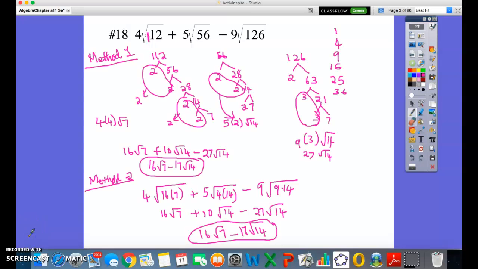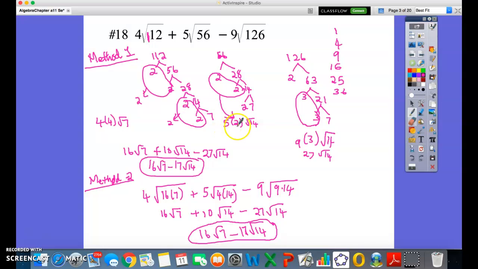I used the factor tree, and then I found there are two pairs of 2's. So I pulled out those 2's. So there will be 4 times 2, 8. 8 times 2 is 16. So I get 16 square root of 7. And then for the second one, 56, you pull out 2.